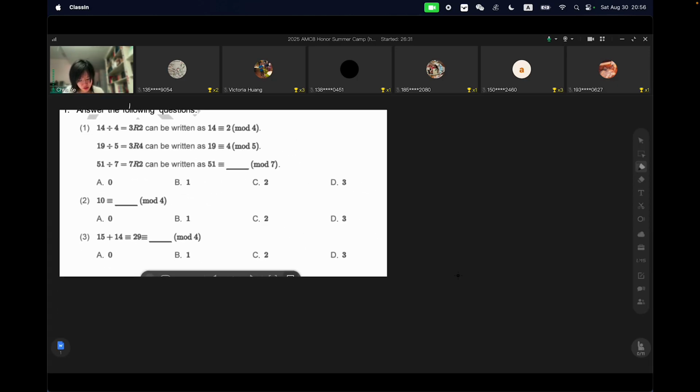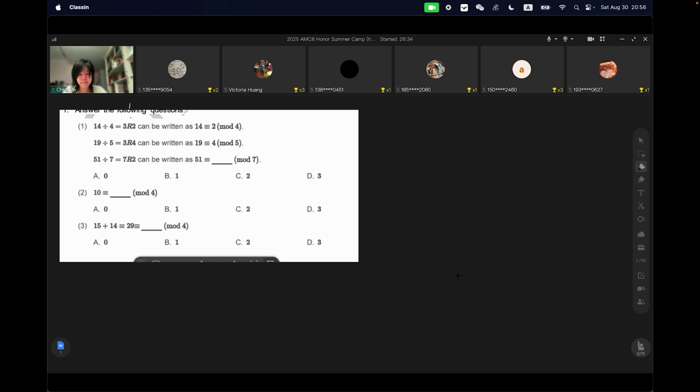Modulo is basically a way to express remainders. For example, 14 divided by 4 is 3, and it has a remainder of 2. So, in modular form, it can be written as 14 is congruent to 2 mod 4, which means that when divided by 4, it has a remainder of 2. And the same for 19 divided by 5.